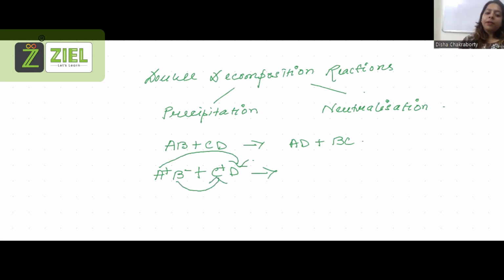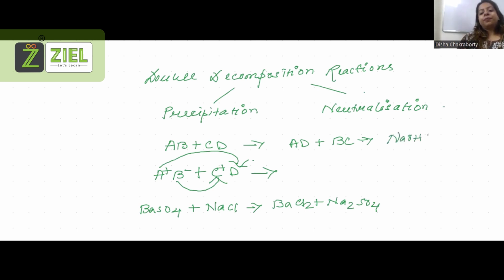A real life example of this equation can be given as a neutralization reaction, which will always occur for an acid and a base. Let us take a base and an acid. This leads to the formation of salt and water.